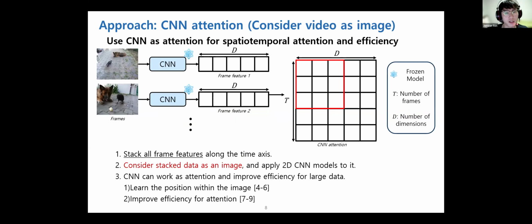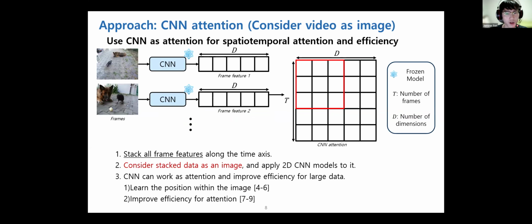Our approach is CNN attention. We consider video data as image data and then use CNN for spatial temporal attention and efficiency. As you can see, if we stack all the frame features along the time axis, we can create two-dimensional data.